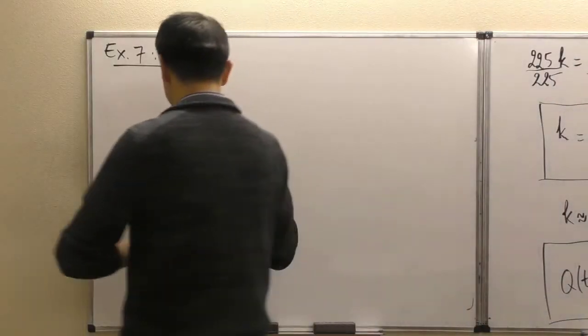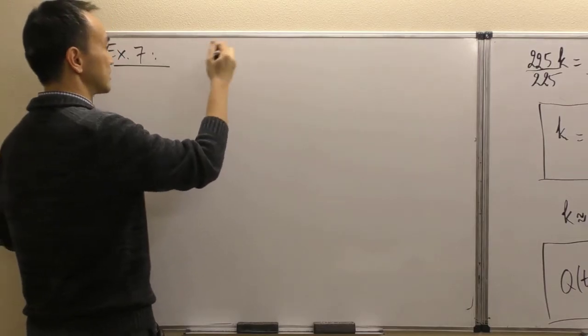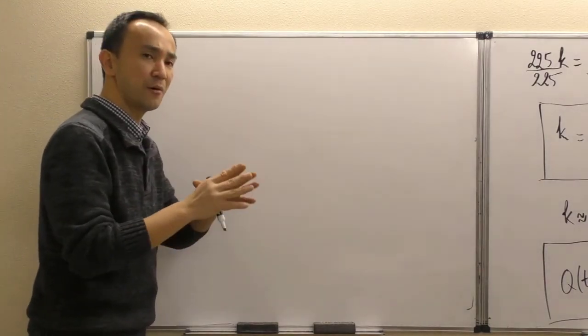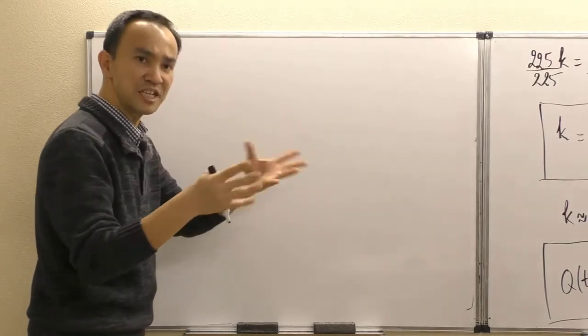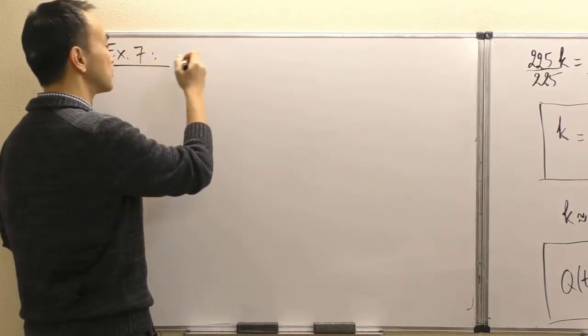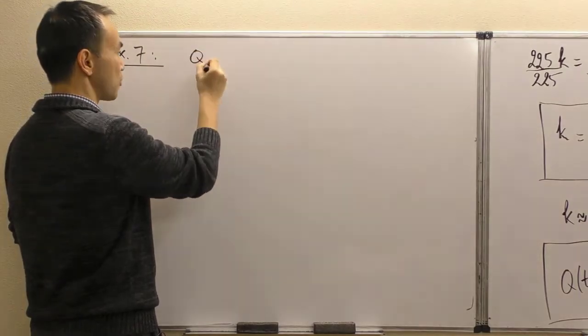Now on this board, allow me to write it down. We want to find a function that models the quantity of cancer cells in some t months. That's what the problem was asking. Let's call that quantity Q again.